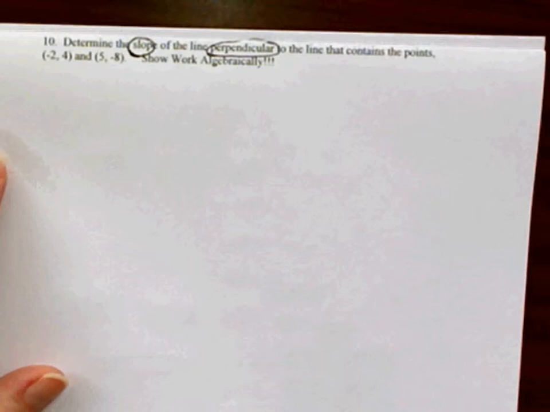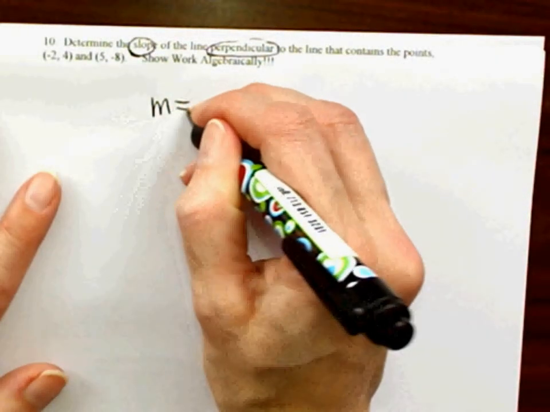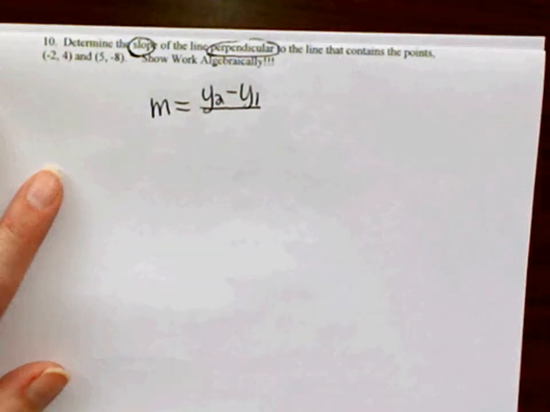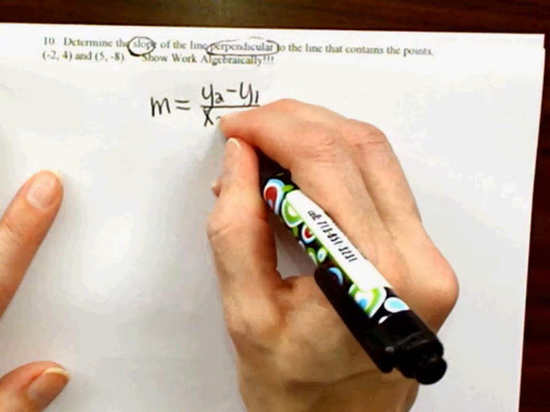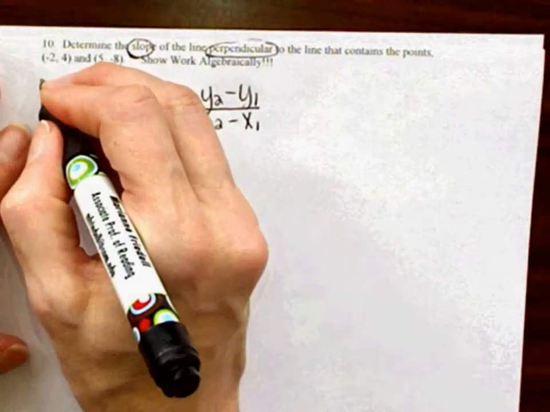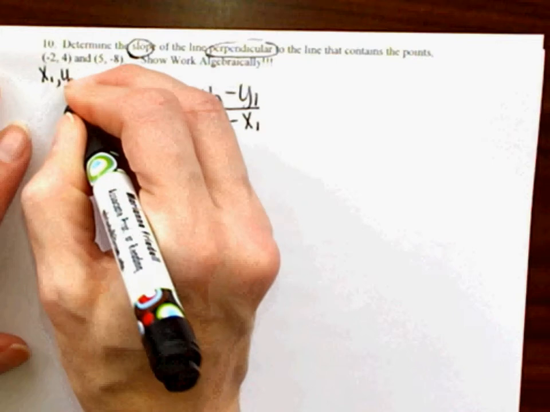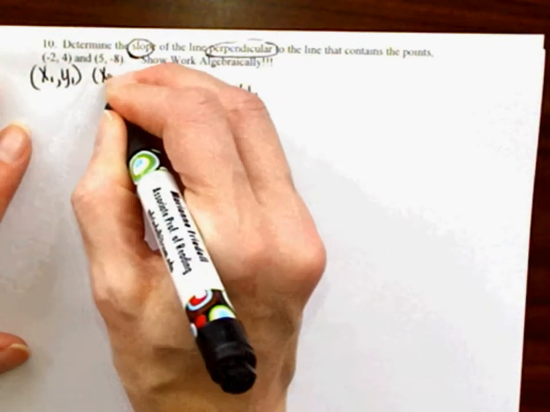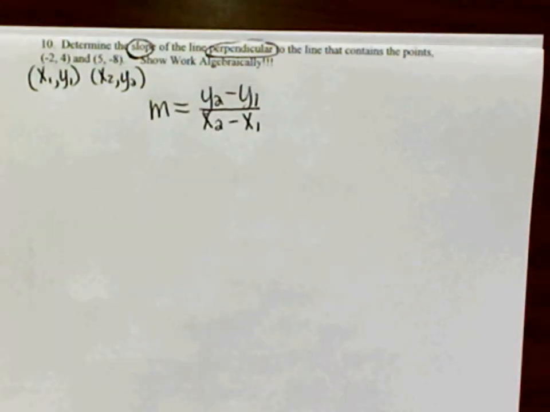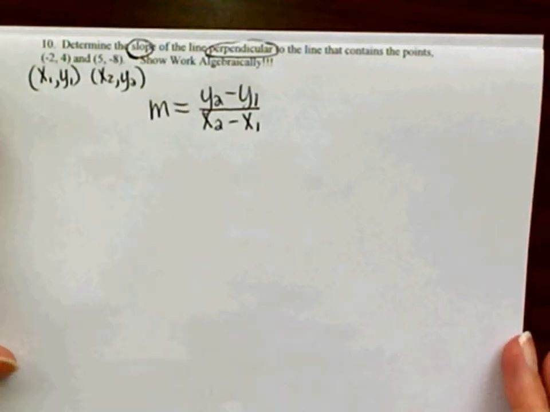They've given me 2 points, so let's write the formula for finding the slope given 2 points: m equals y sub 2 minus y sub 1 over x sub 2 minus x sub 1. And I'm going to label my points: x sub 1, y sub 1, x sub 2, y sub 2. You don't have to do that, but it would help some of you not accidentally put the information in the wrong location.